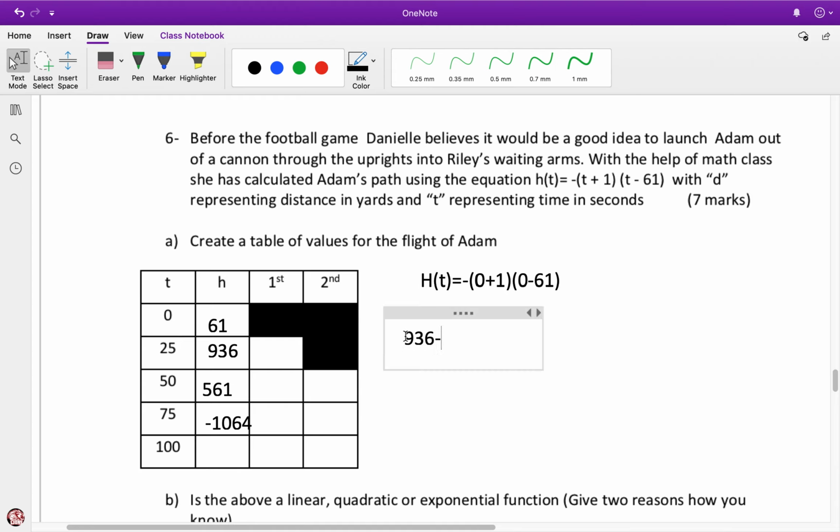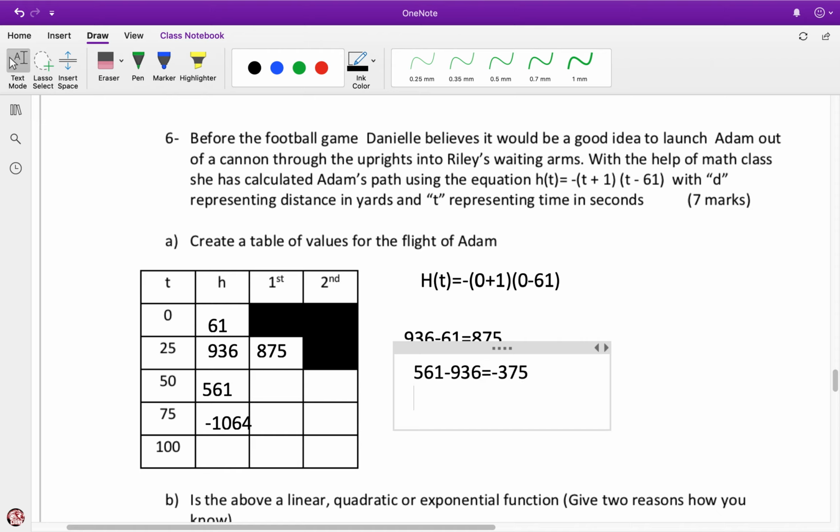Now we can do our first differences, which is 936 minus 61, equals 875. This one here is going to be 561 minus 936.